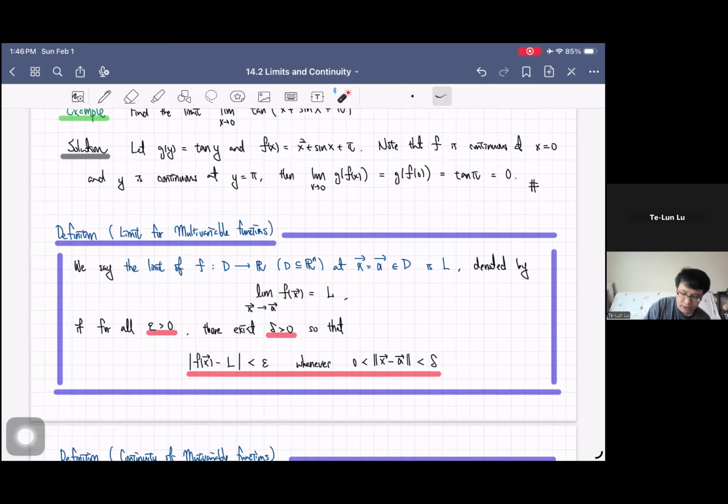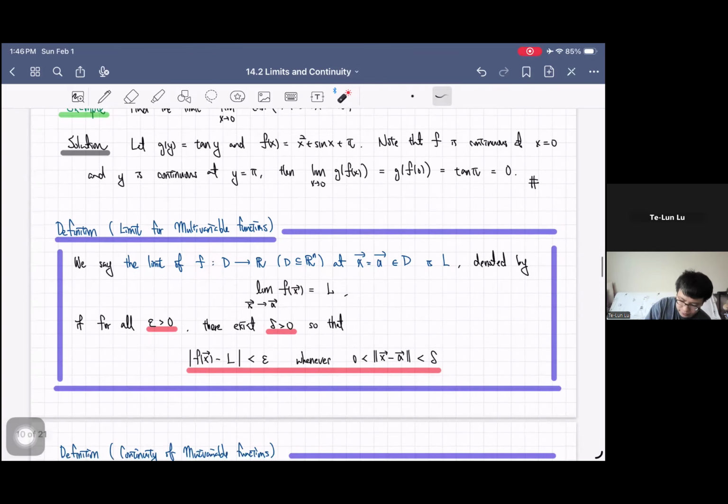Given a function f, this is the domain of f, and this is the codomain, or the values of f. I claim that D belongs to Rn, which is the n-dimensional Cartesian space. You can think of n to be 1, 2, or 3, which is the real line, the Cartesian plane, or the three-dimensional coordinate system we introduced in chapter 12.1.